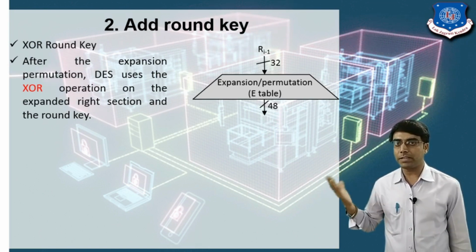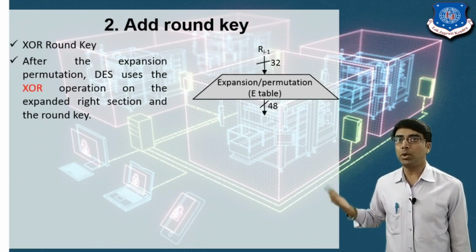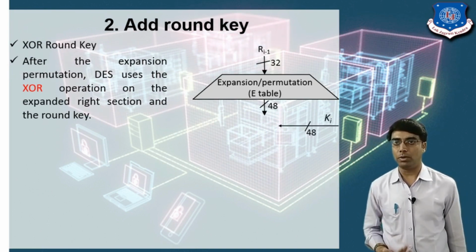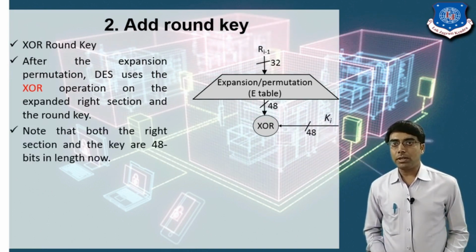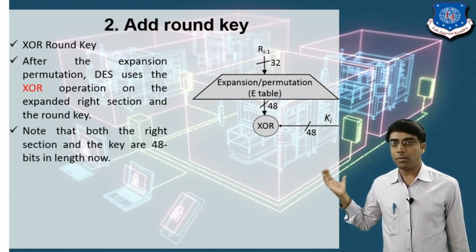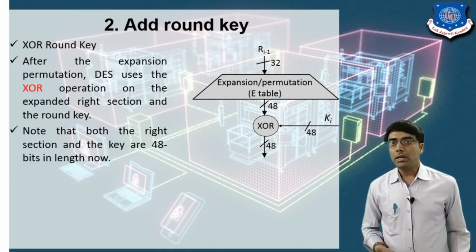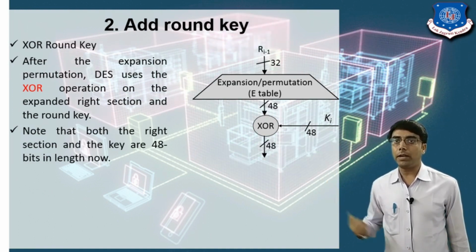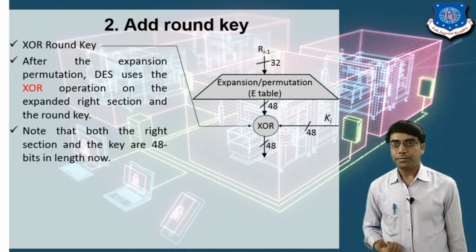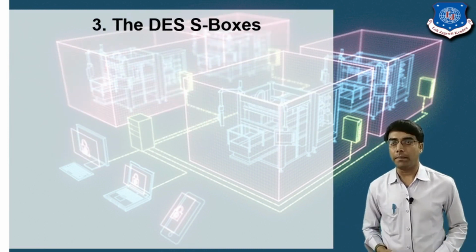We already performed the expansion permutation, which produced a 48-bit output. We apply the XOR operation with the key on the output generated from the expansion permutation. After applying XOR, it generates a 48-bit output. So this is called the XOR round key.